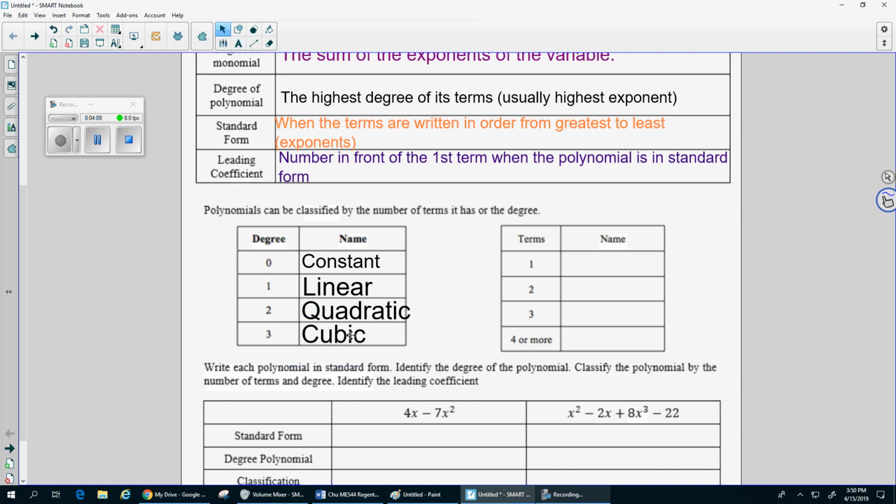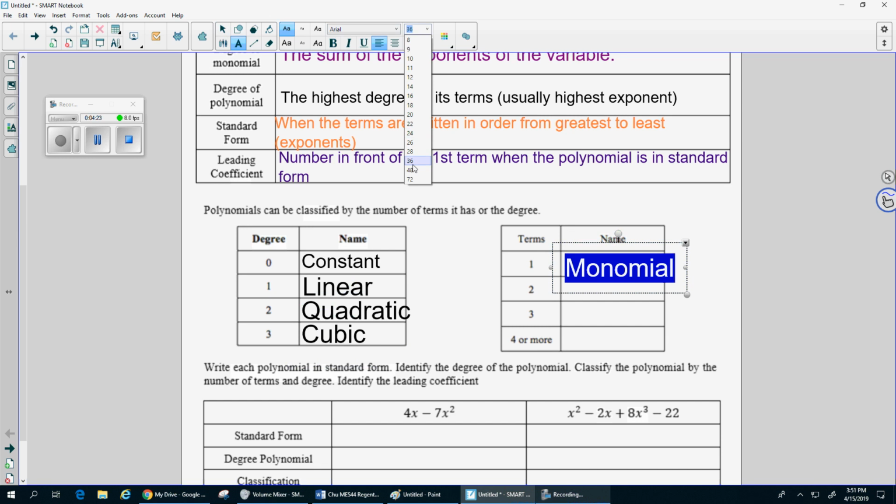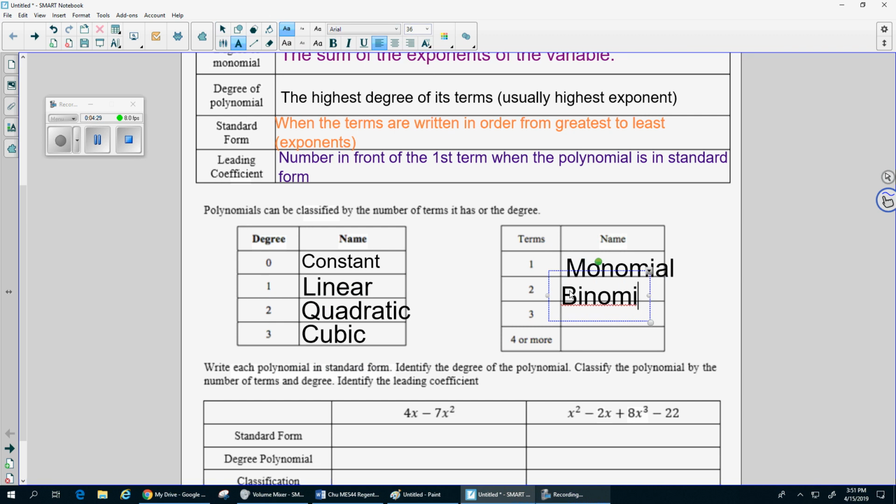The other way we can define polynomials or classify them is by the number of terms they have. So if a polynomial only has one term, we call it a monomial. So keep in mind that these are all polynomials, but the more specific name is going to be monomial if it has one term. If it has 2 terms, it'll be binomial.